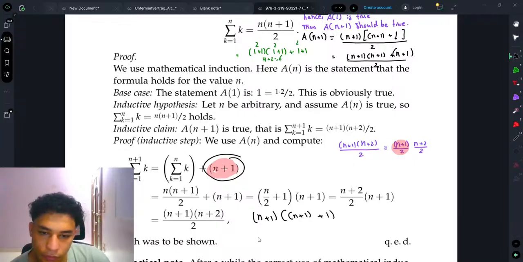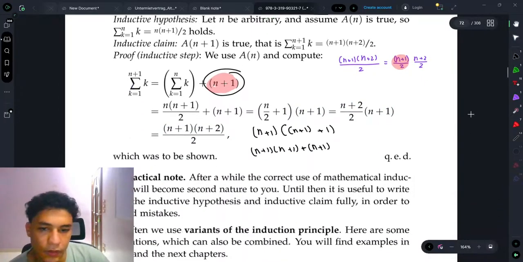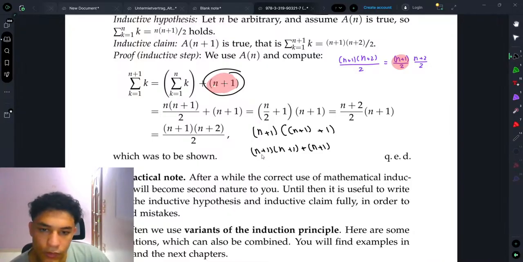So this basically is gonna be n plus 1 divided by n plus 1 plus n plus 1. Can I say that this is basically 2n plus 1? No, I don't think so. I think that we need to multiply them together.